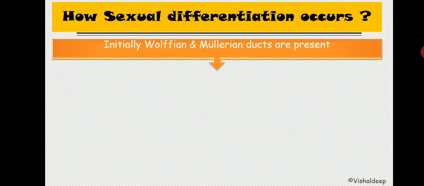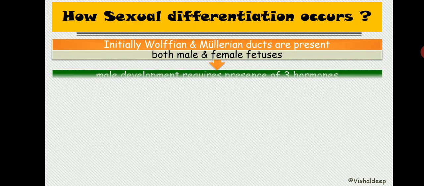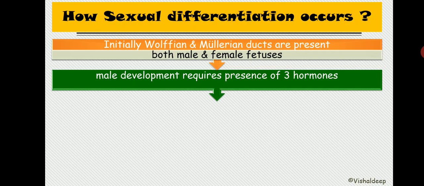So initially, Wolffian and Mullerian ducts are present in both fetuses, male as well as female. So any fetus has two types of duct: one is the Wolffian duct, another is the Mullerian duct. Both are present. Now in order to develop a male, the presence of three hormones is required.